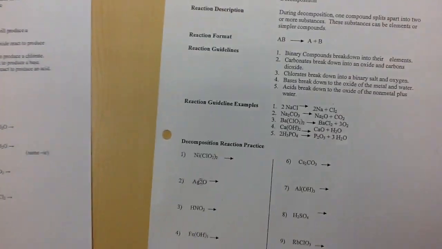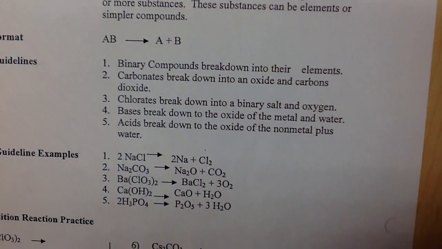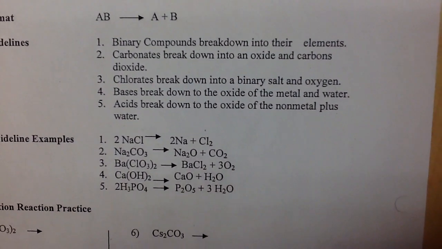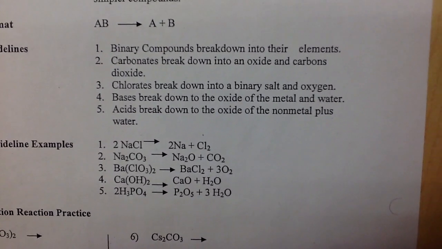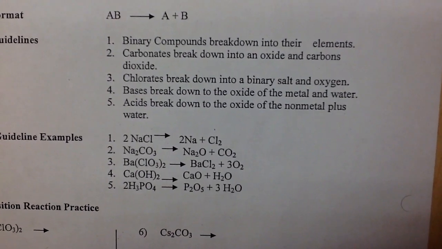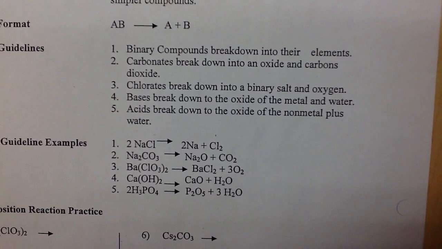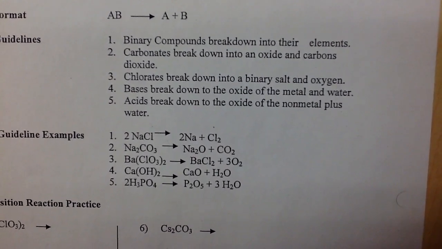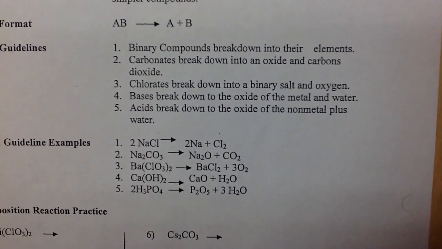But I want you to also look at the rules that have to do with decomposition. Binary compounds break down into their individual elements. Carbonates break down into oxides and carbon dioxide. Chlorates break down to a binary salt with chlorine and oxygen. Bases break down into oxides of metal and water.